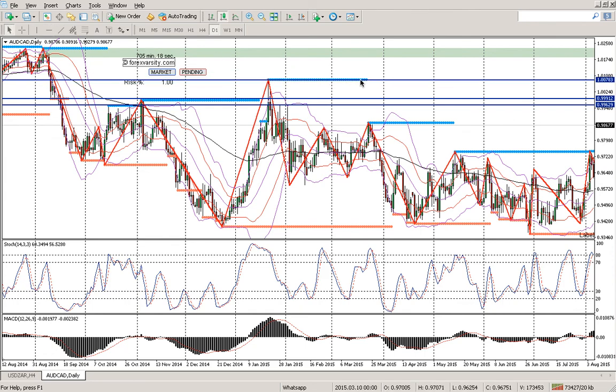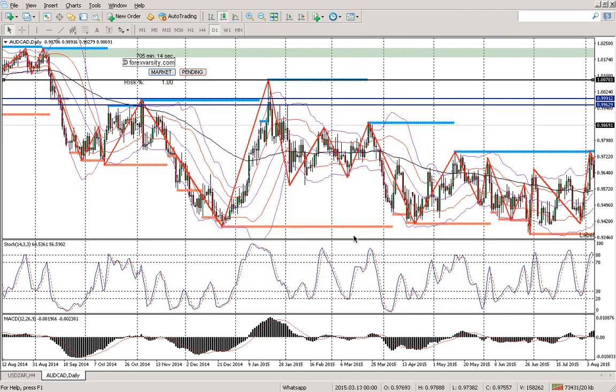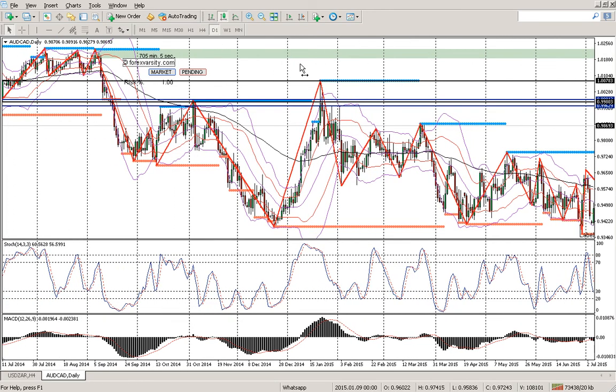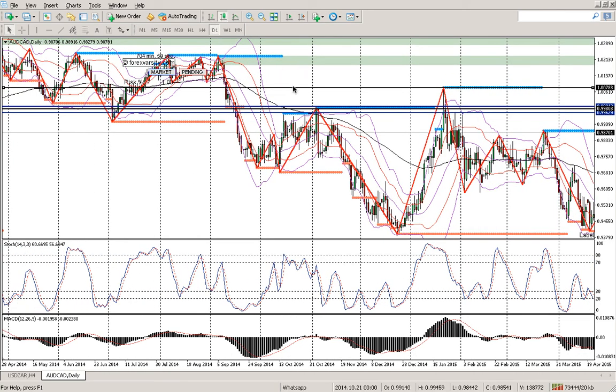Okay, so now you can see that there is support and resistance over here. Daily support and resistance. Let me just change it to black so you guys know the difference between the two. Now I'm drawing it close to our 61. Here's a nice long one as well. Here's a shortish one.